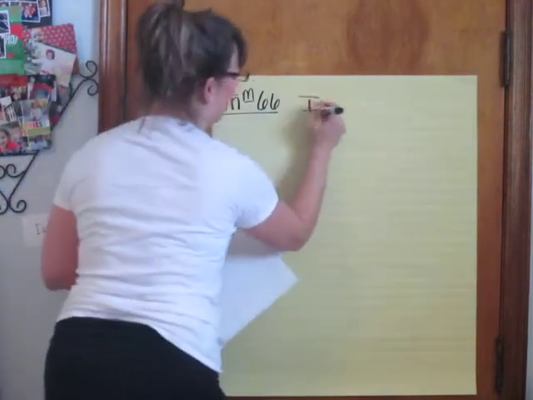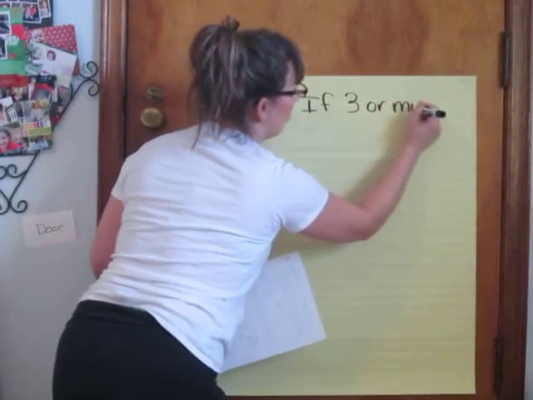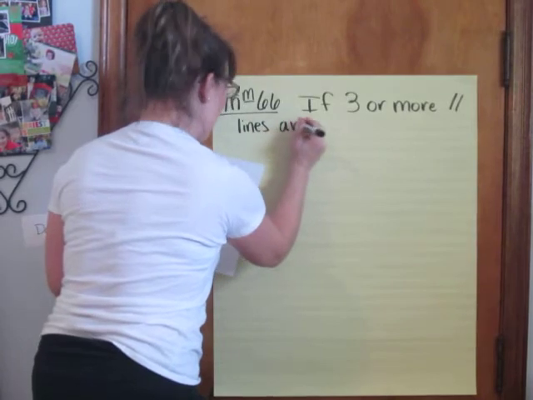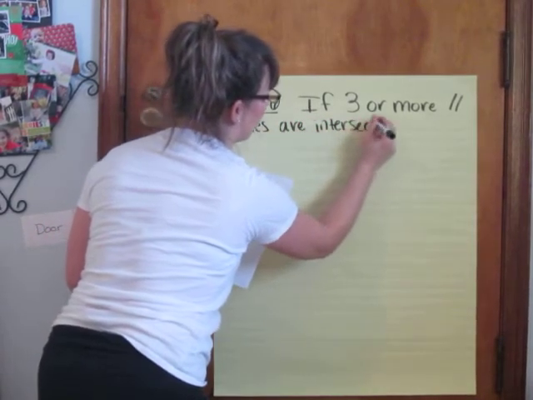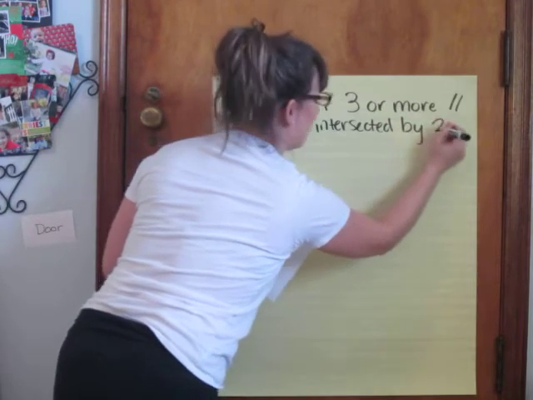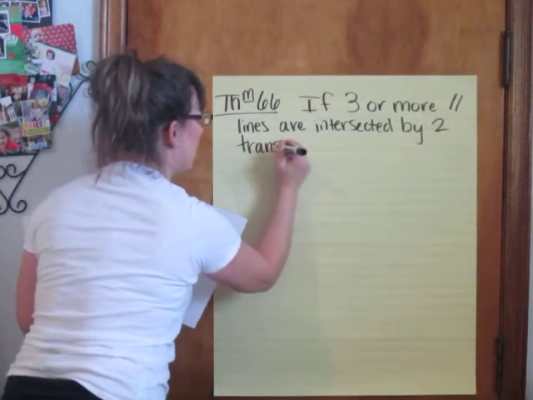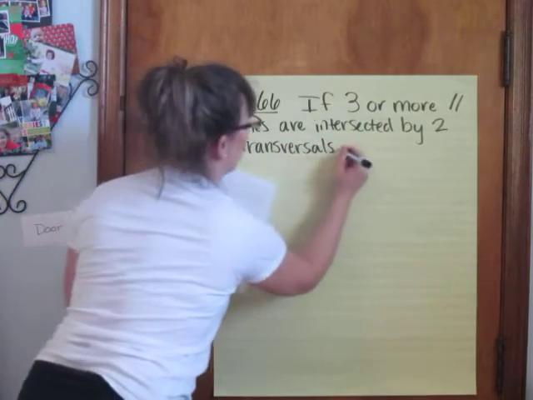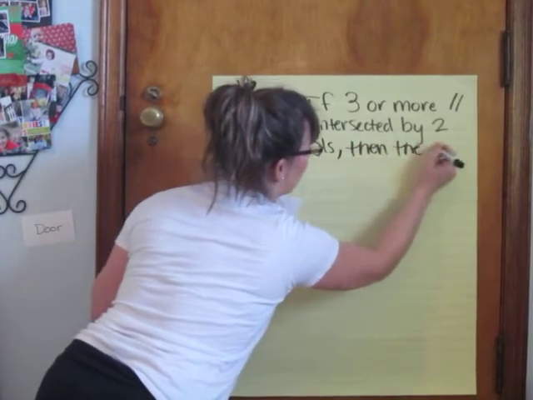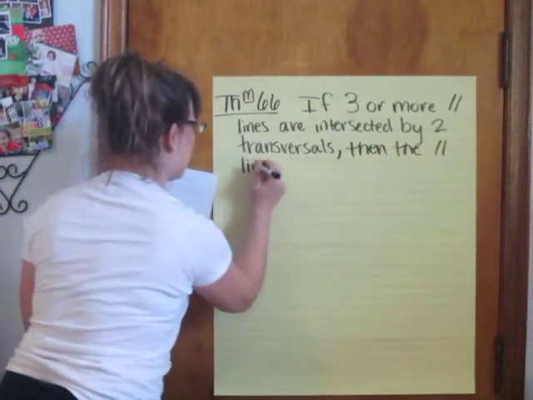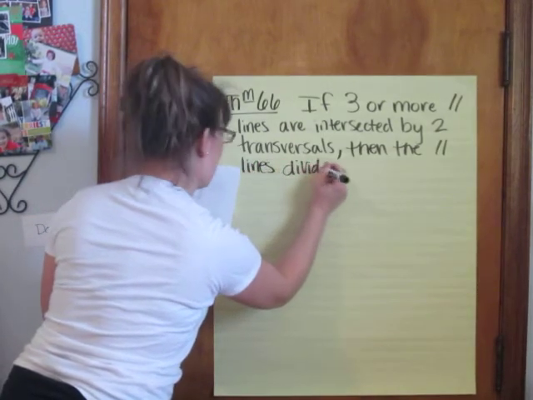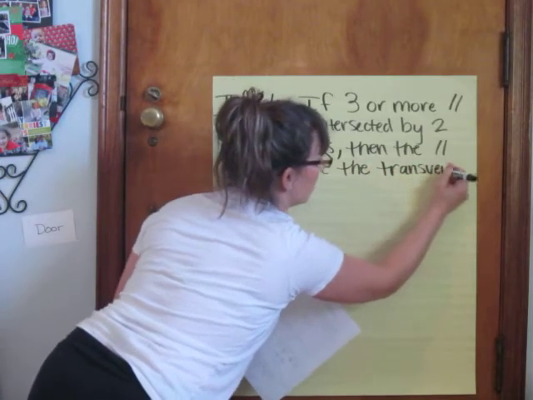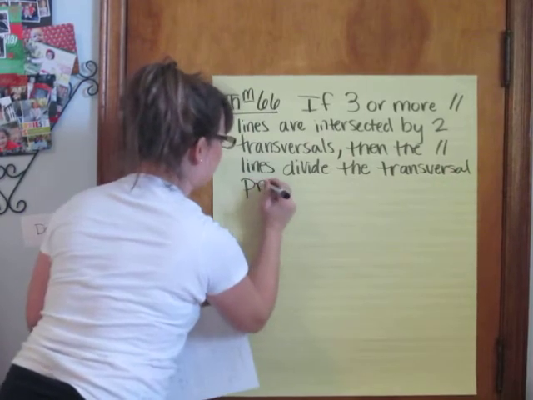Theorem 66 says that if 3 or more parallel lines are intersected by 2 transversals, then the parallel lines divide the transversals proportionally.